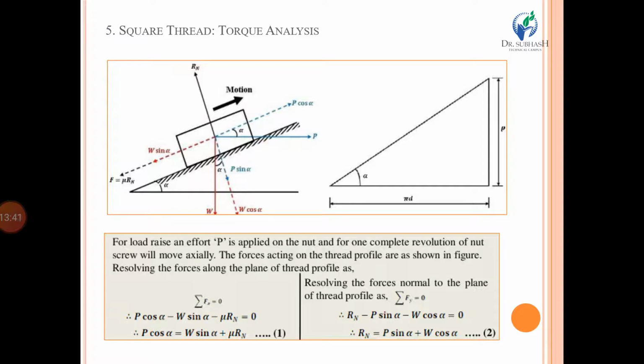So ultimately we get two relations. Equation number 1: P cos alpha is equal to W sin alpha plus mu Rn. Equation number 2: normal reaction is equal to P sin alpha plus W cos alpha.